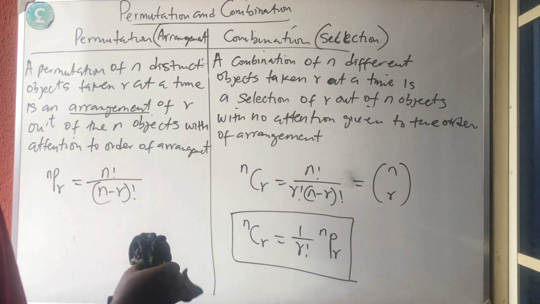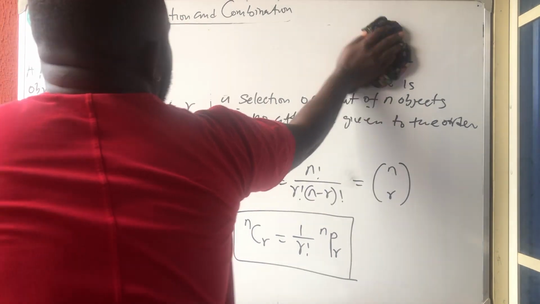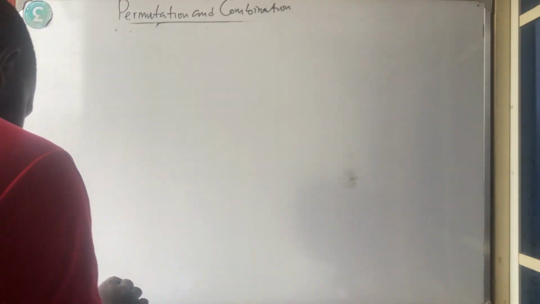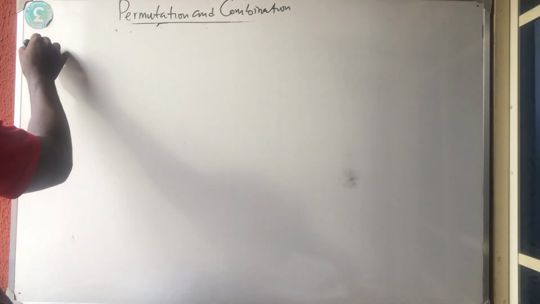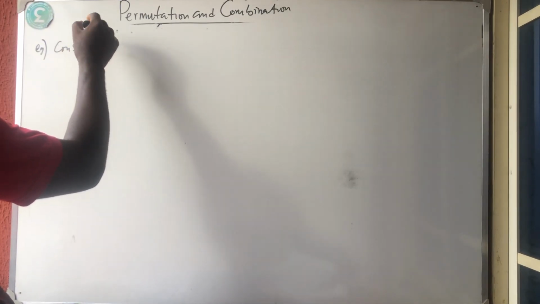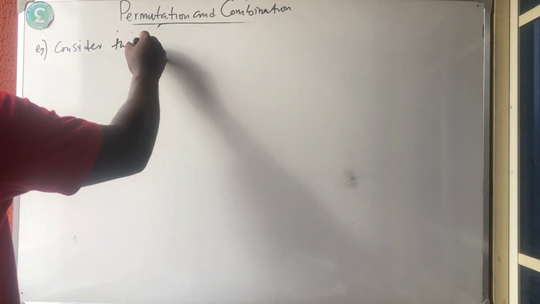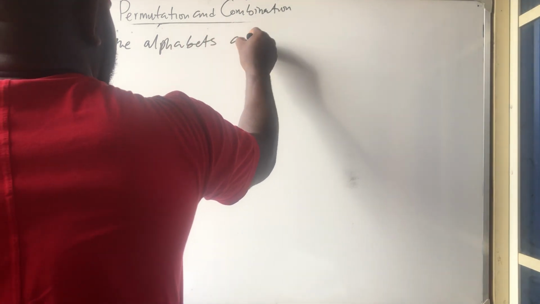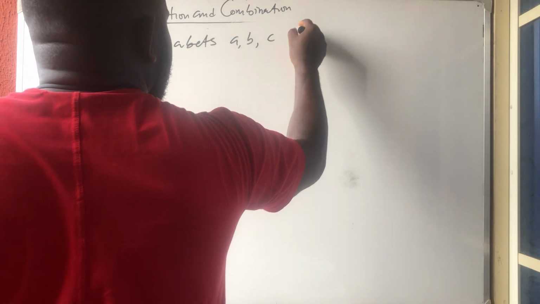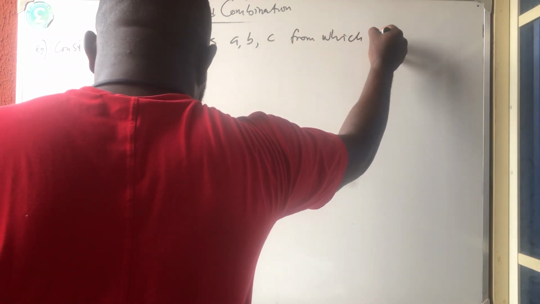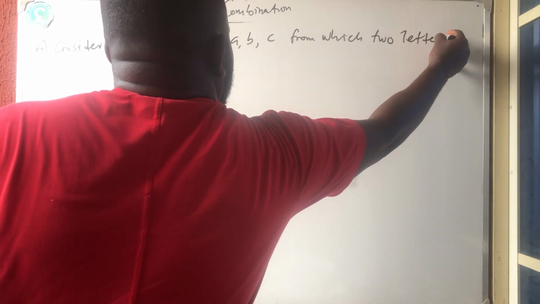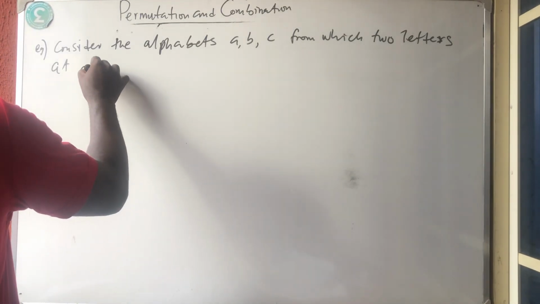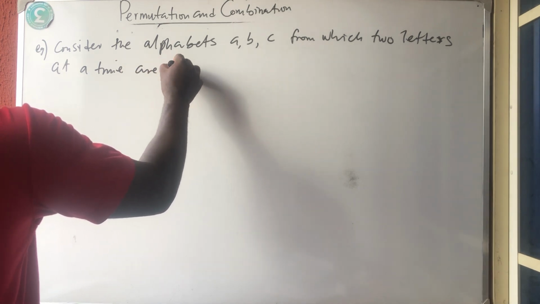Okay, so now let's take a question. Consider the example: the alphabets A, B, and C, from which two letters at a time are to be chosen.